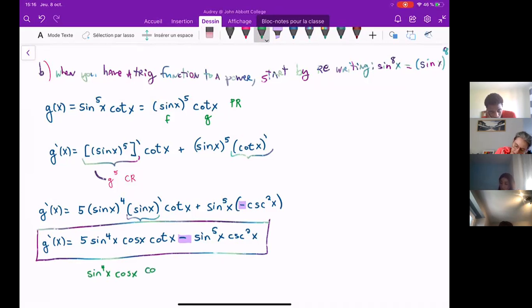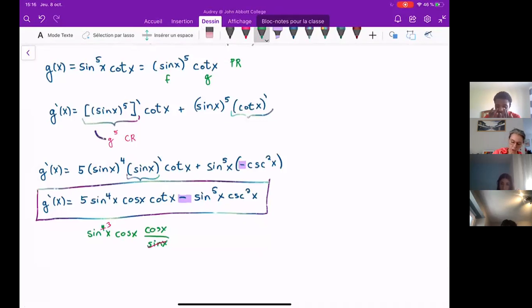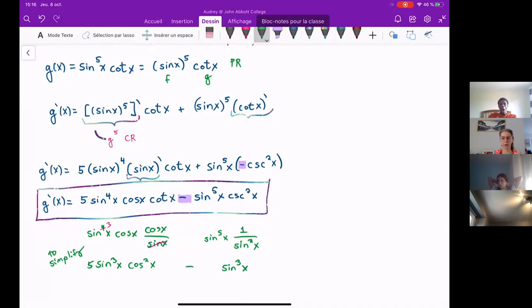So we know that cotangent is cosine x over sine x, and those signs cancel out, and this is actually sine cubed times cosine squared. And then over here, cosecant squared is actually 1 over sine squared. So this is actually just sine cubed x. And that's just another way of rewriting the whole thing in a simpler way.